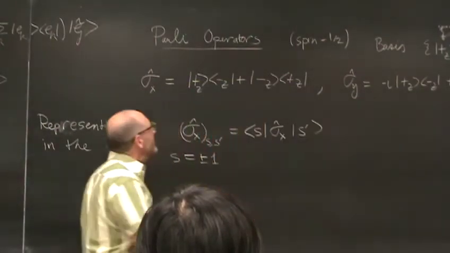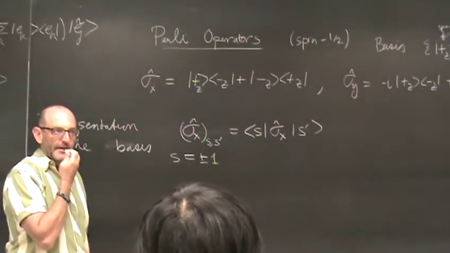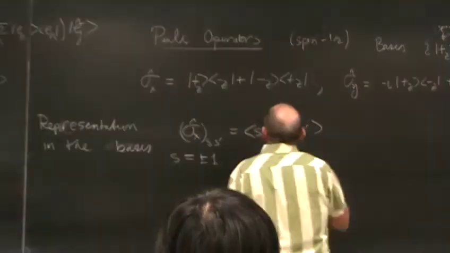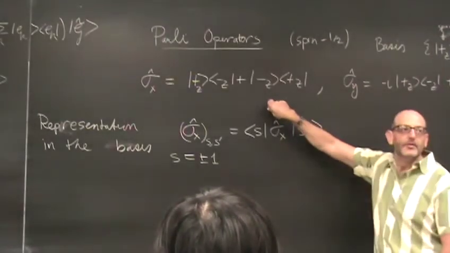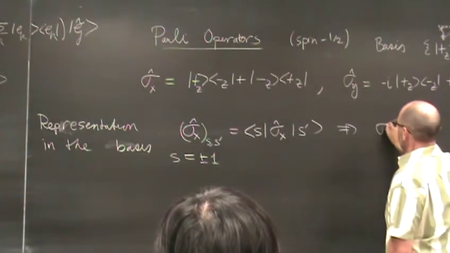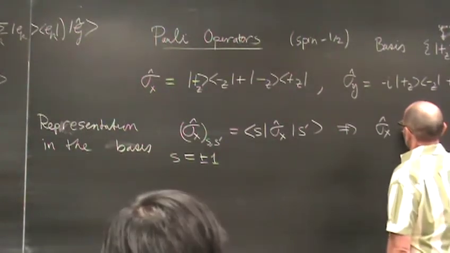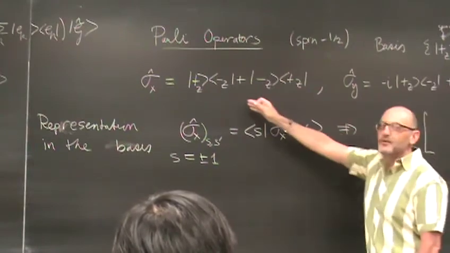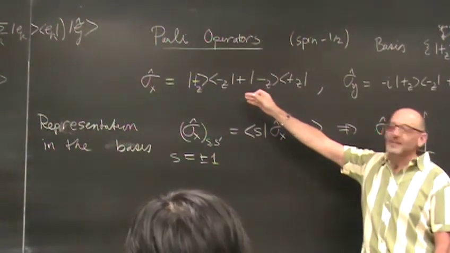That's the matrix elements. And what do we see about those matrix elements? If I wanted to look at sigma x as a matrix, I have to compute those matrix elements.